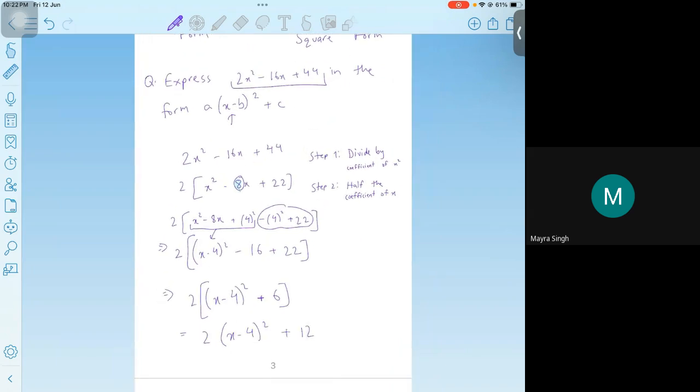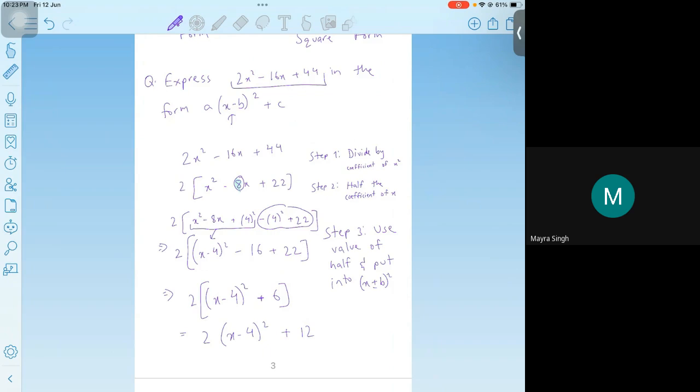Look at the steps and then tell me if there's anything wrong with this. No questions? Are you all okay with this?